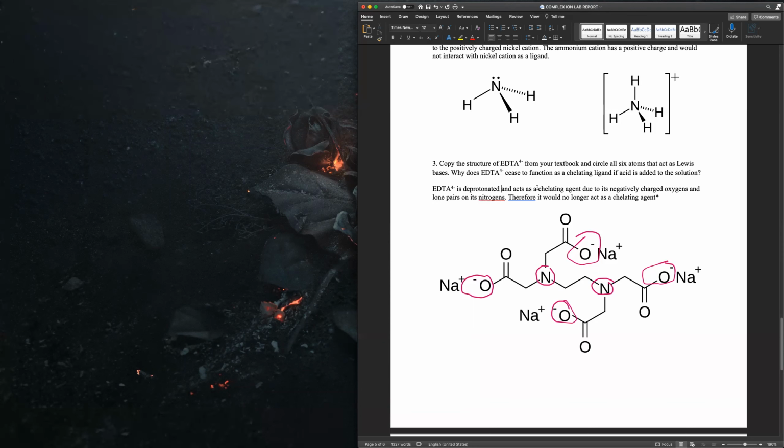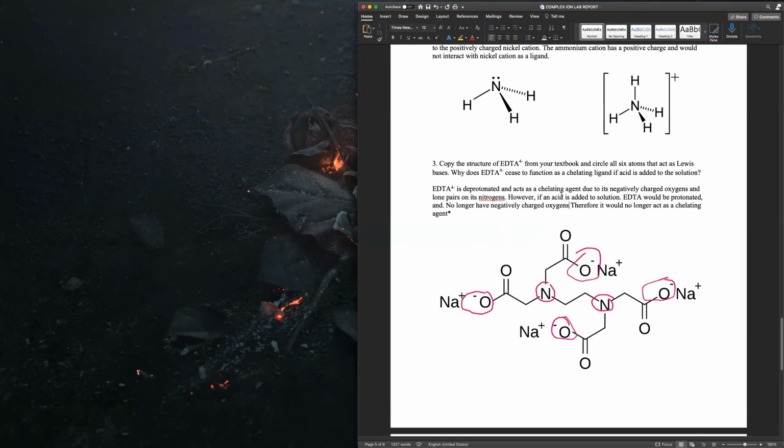But after that, I wrote, however, if an acid is added to solution, make that period after the solution a comma. However, if an acid is added to solution, EDTA will be protonated and no longer have a negatively charged oxygen. Therefore, it would no longer act as a chelating agent.